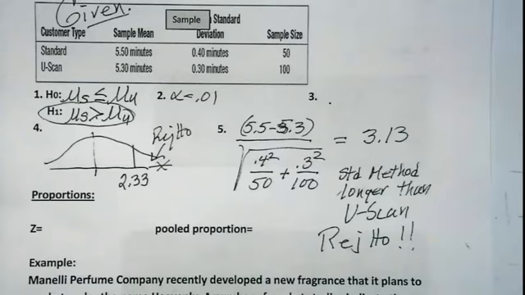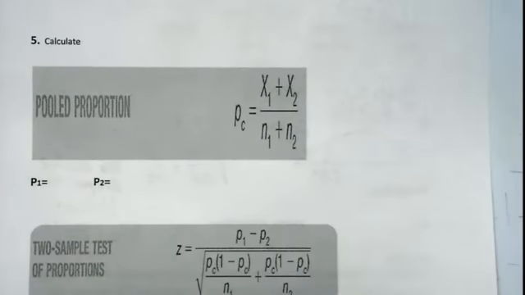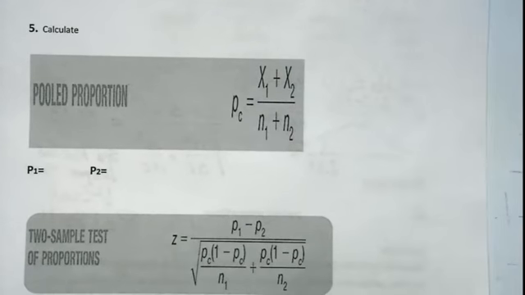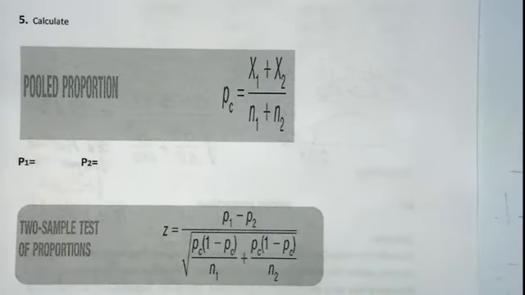It's talking about perfume. Okay, you're back with me. First of all, you have to do some calculations here. Pool the percents. First, you're going to calculate the percent for the two different age groups.